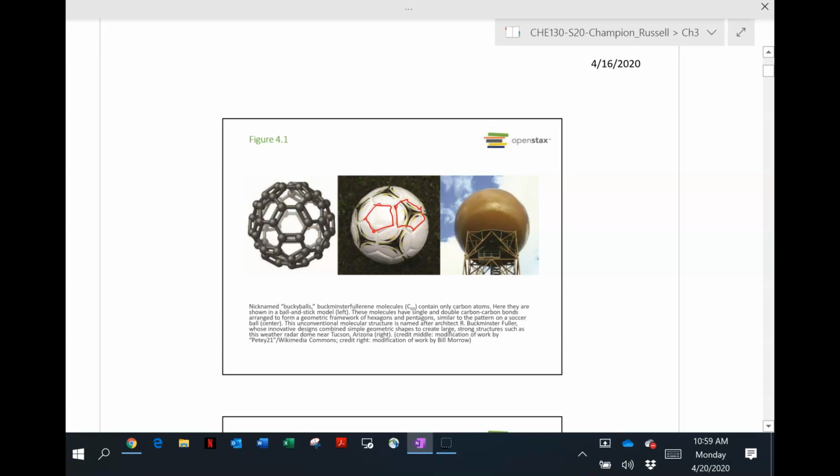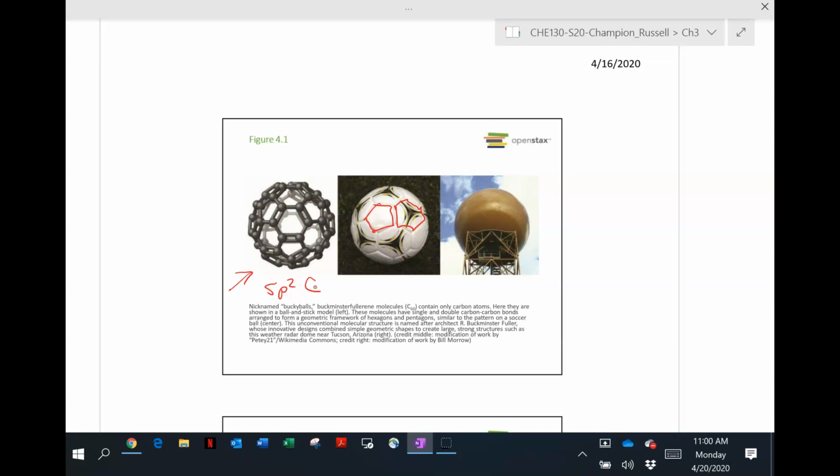Long after the soccer ball was created, someone discovered the existence of this kind of compound right here. These are all carbon atoms. They're all sp2 hybridized carbon, we say, which we'll explain more about later on. This is a form of carbon called Buckminsterfullerene, or fullerene molecules, and those were discovered quite recently and have some very interesting properties.